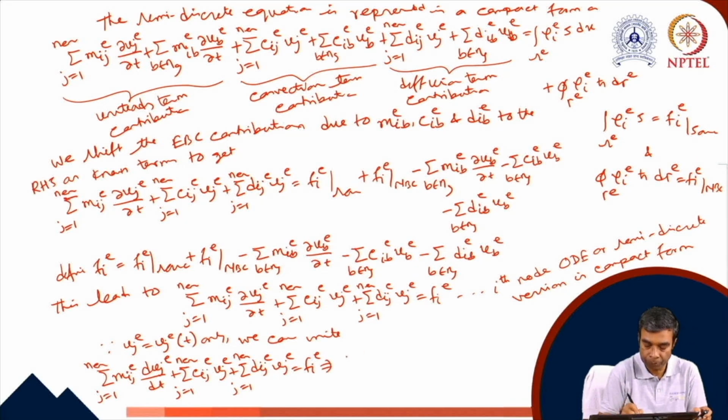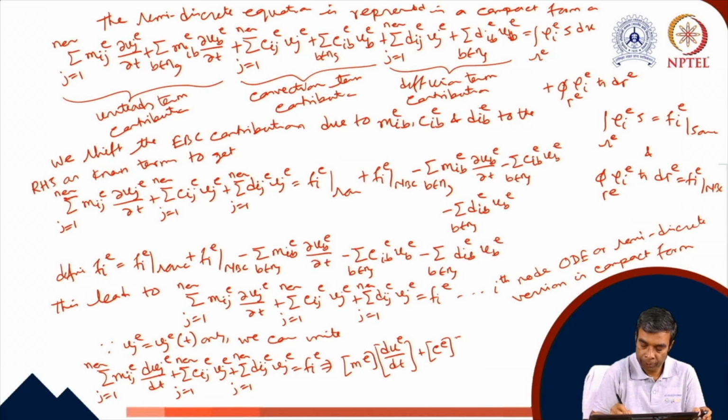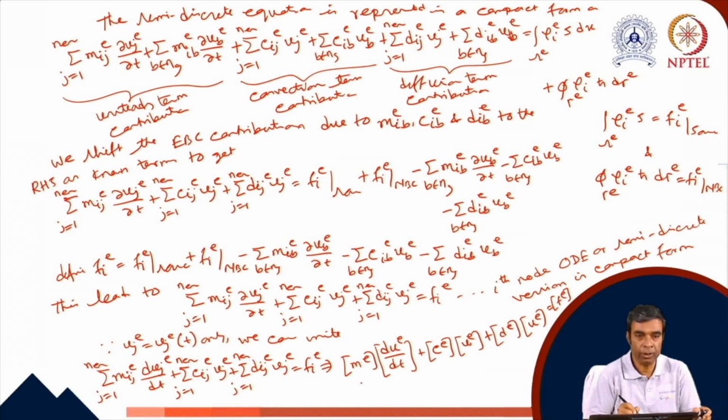In matrix form, we write it as me due dt plus convection matrix ce into ue plus the diffusion matrix de into ue and the RHS load vector fe, where the size of the square matrix is nen by nen.